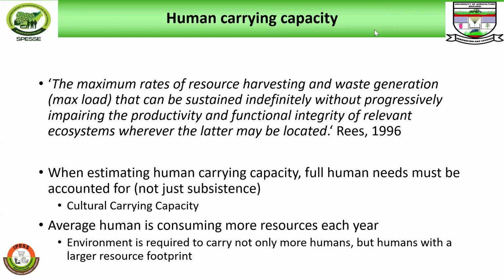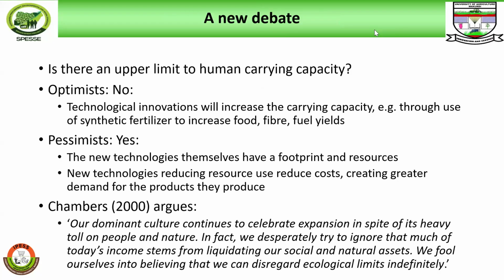An average human is consuming more resources each year, and the environment is required to carry not only more humans, but humans with a larger resource footprint. And this leads to the next debate. Is there an upper limit to human carrying capacity? Again, it is answered in different ways by the different schools of thought. The optimist is saying no.